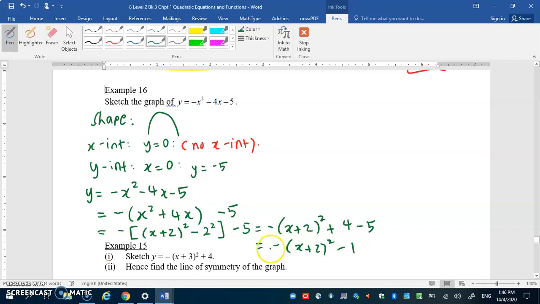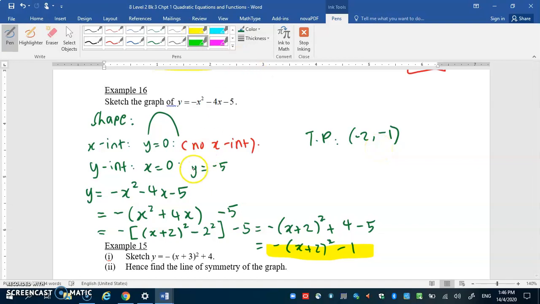Now that we have it in the completed square form, what is the turning point? Make sure your completing the square is done correctly. If not, it will affect everything. So your turning point will be negative 2, negative 1, because remember I must make this bracket 0, so the x value is negative 2 and the y value is the number over here, which is negative 1.